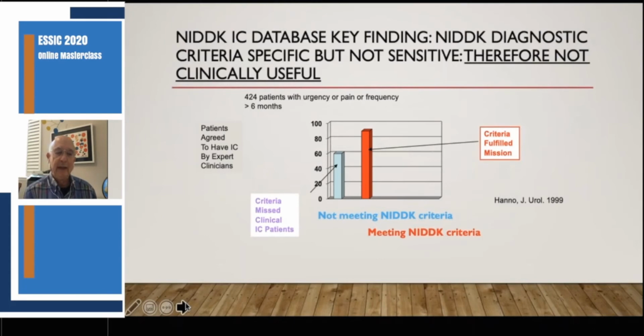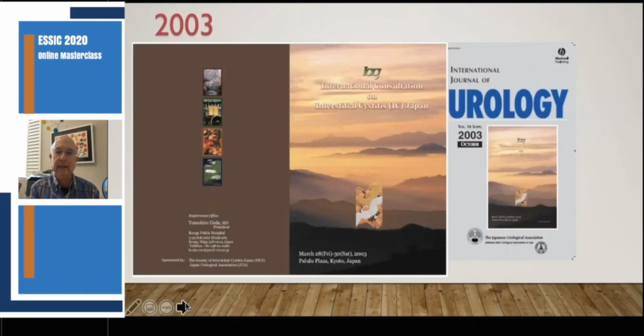Unfortunately, they became a de facto definition for clinicians, so many patients who had symptoms were not properly diagnosed because they did not meet NIDDK criteria, and this caused massive confusion. So in 2003, Tomohiro Ueda in Kyoto organized a meeting with urologists and gynecologists from 6 continents, and we all met in Kyoto.